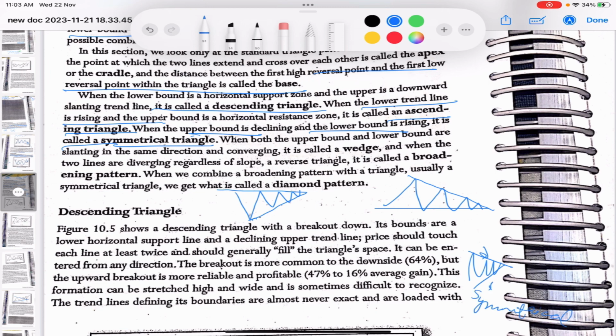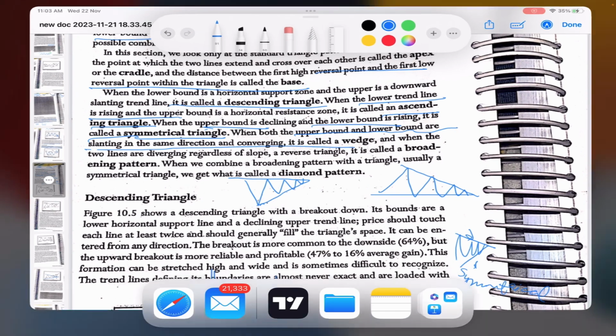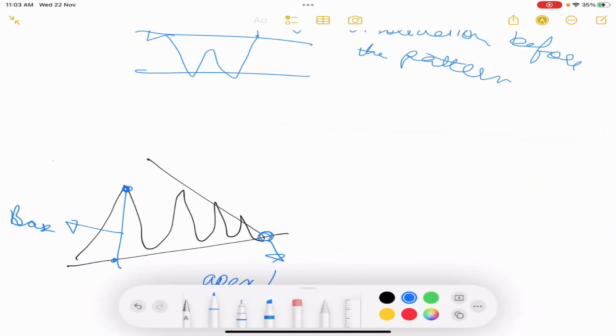When is it a symmetrical triangle? It is a symmetrical triangle when the upper bound and lower bound are both coming towards each other. Okay, and then when both the upper bound and the lower bound are slanting in the same direction, it is called a wedge. So what is the difference between a wedge and a symmetrical? So what we saw was a symmetrical triangle, and what is a wedge?